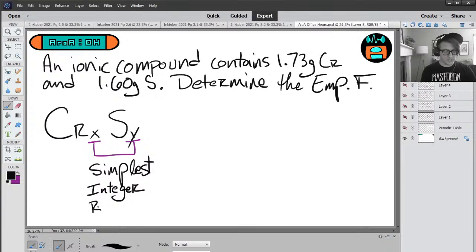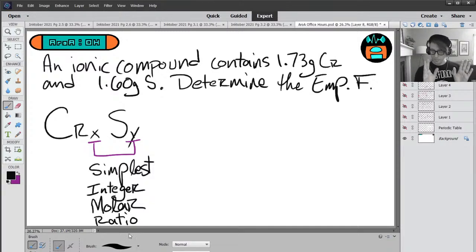I should say simplest integer molar ratio. So it's going to be the simplest integer ratio for moles.